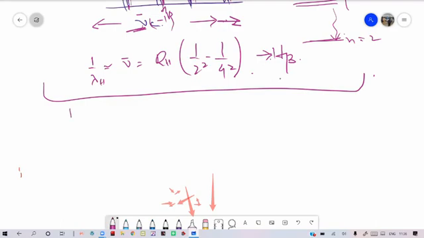Now 1 by lambda H is equal to RH into (1 by 2 square minus 1 by 4 square). This is for the H beta line.